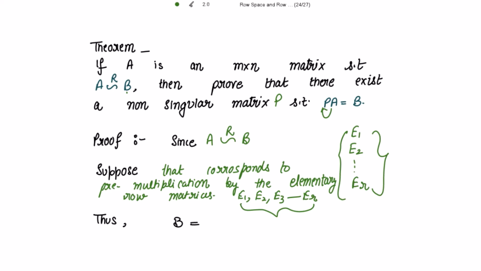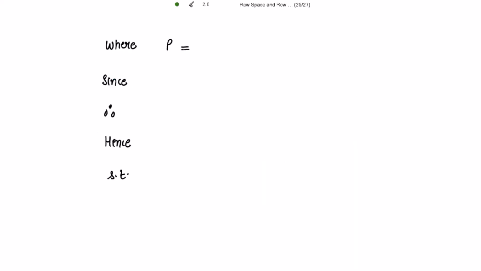So I take B to be equal to, because B is obtained by applying the row operations on A, B is equal to E1, E2, the products, up to ER, and then multiplying this product with A. This product is a single matrix, and let me denote it with P, where P is equal to the product of elementary row matrices up to ER.